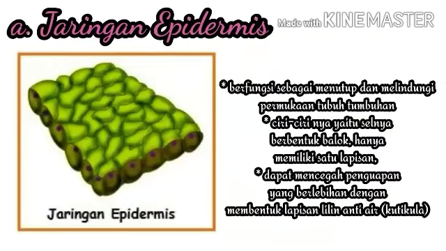The characteristics of epidermal tissue are that the cells are shaped like blocks, only have one layer, and do not contain chlorophyll except for guard cells in the stomata. The epidermal tissue can prevent excessive evaporation by forming a waterproof wax layer, which we call the cuticle.